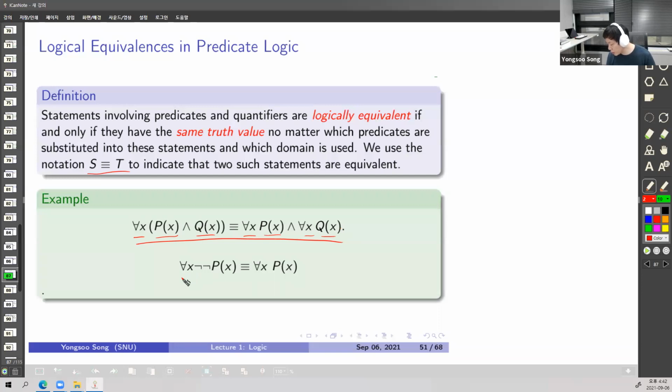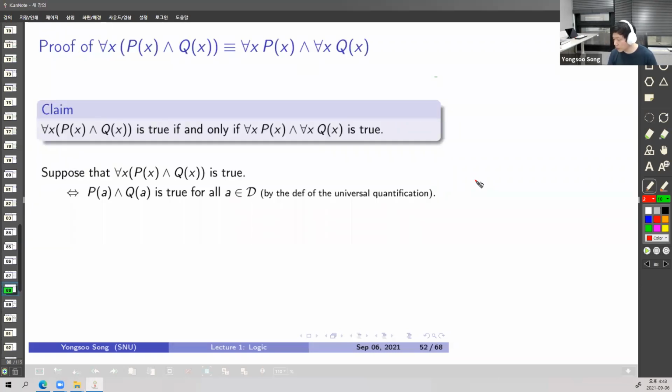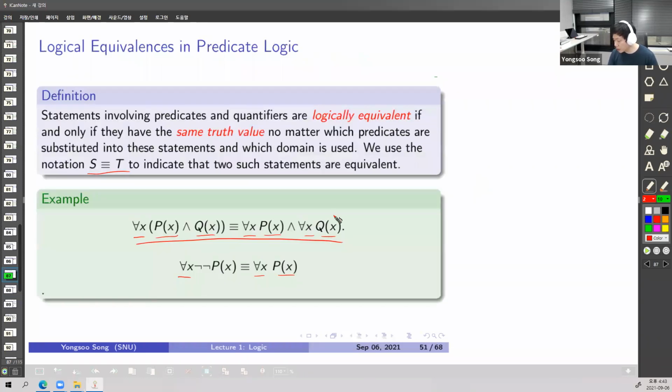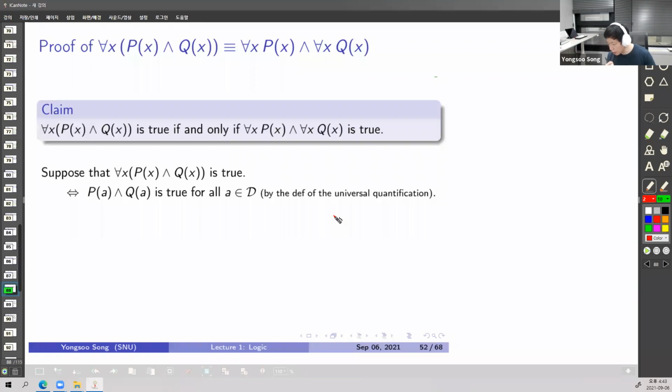And the second example is, let's say, for all x, not P is true, but this not P is equivalent to P. So these are all equivalent also. So this is a quick proof of the first example.